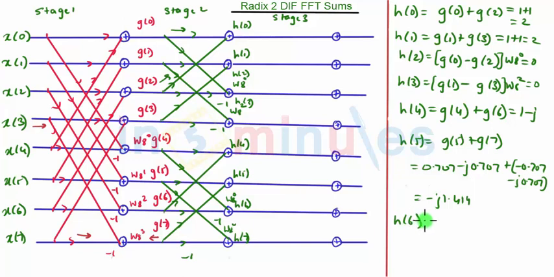H of 6 is equal to g of 4 minus g of 6 multiplied by w raised to 0, that is 1 plus j.